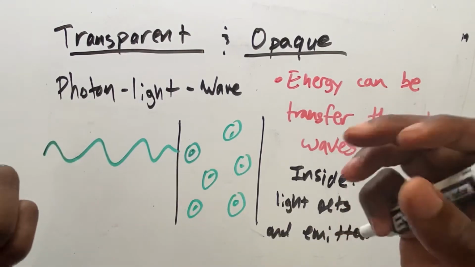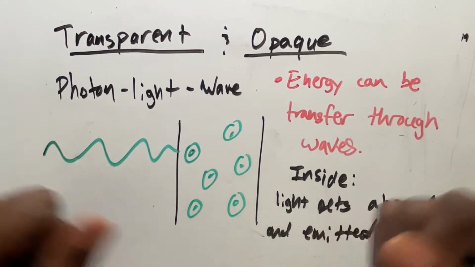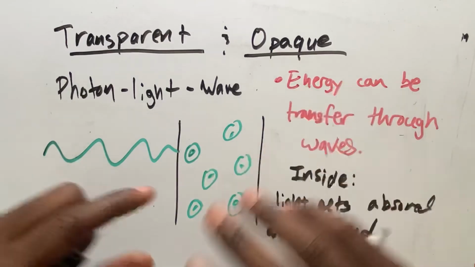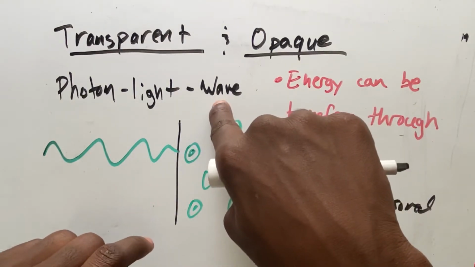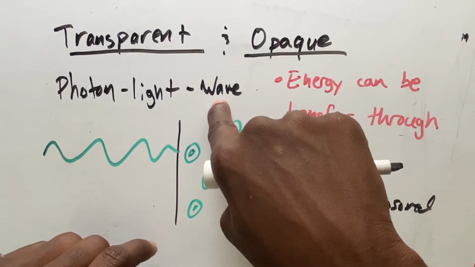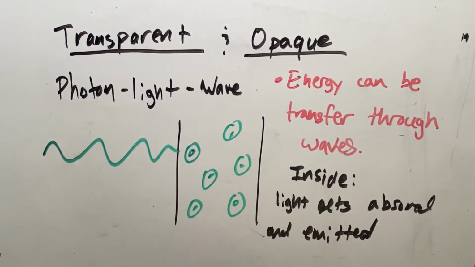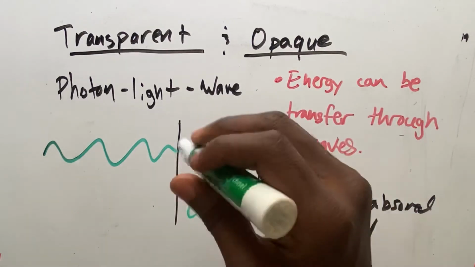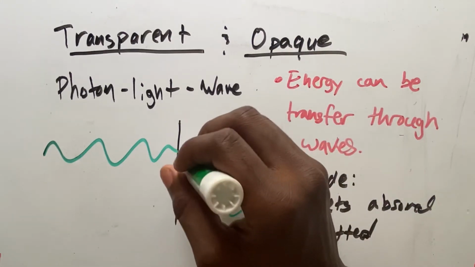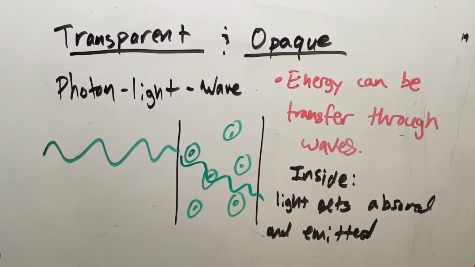Because we know basically atoms can absorb photons or absorb light and then re-emit it. If we think of light in terms of a wave, then we can just think, well, light's going to just travel through this thing, but it's going to travel at a different speed, so it's going to bend, kind of like that.